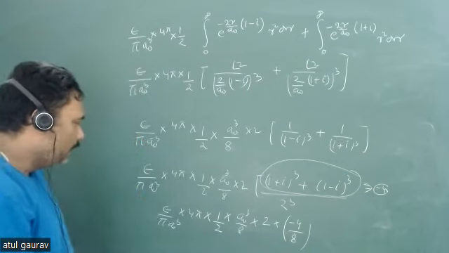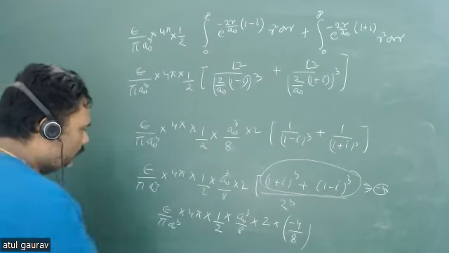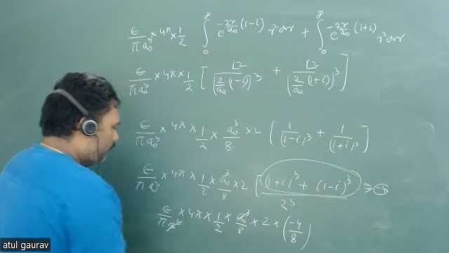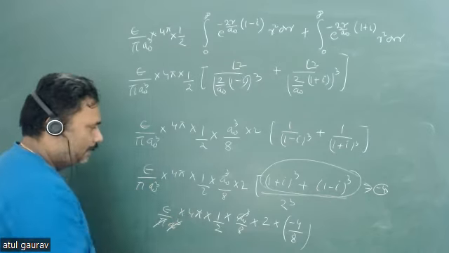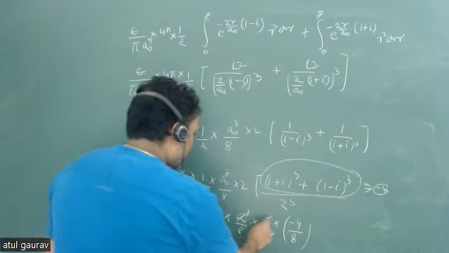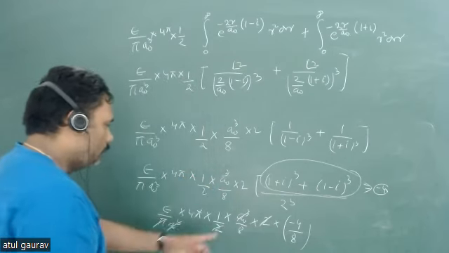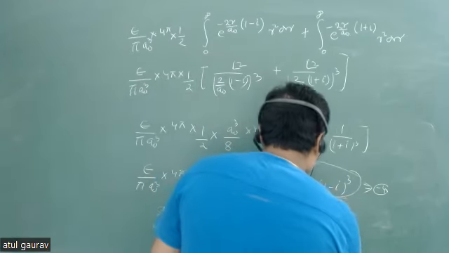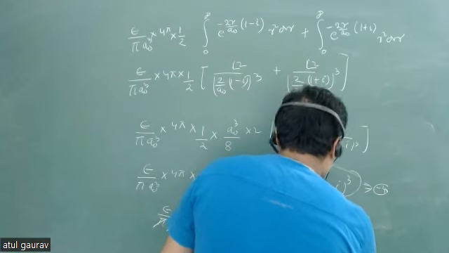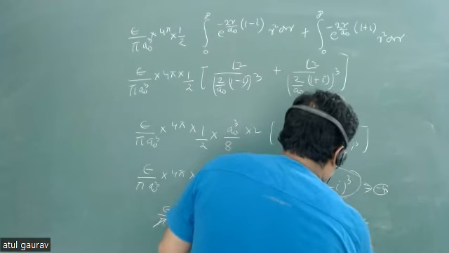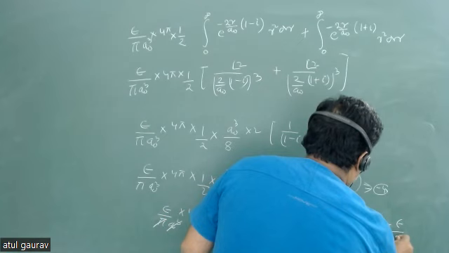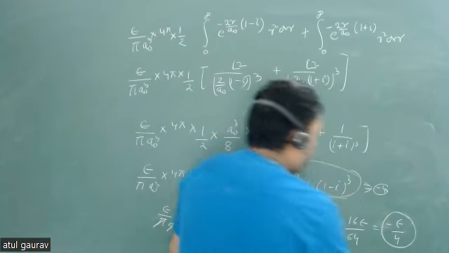Okay, so बहुत सारी चीजें कैंसिल हो रही है ना, a naught cube is cancelled, pi and pi is cancelled, this 2 and this 2 is cancelled, so you have basically -16 epsilon upon 64, so that is minus epsilon by 4. So this is your answer.